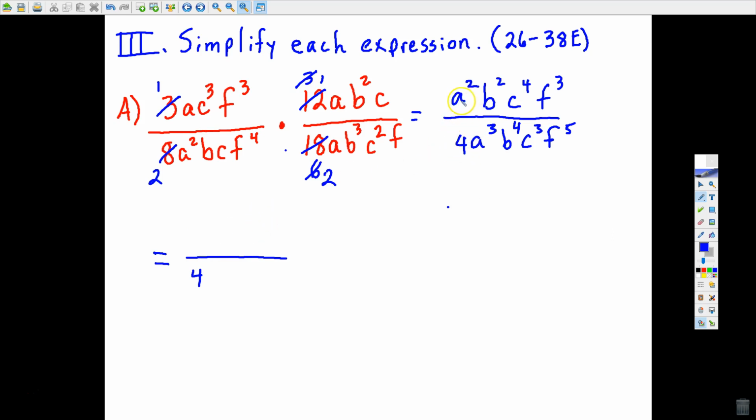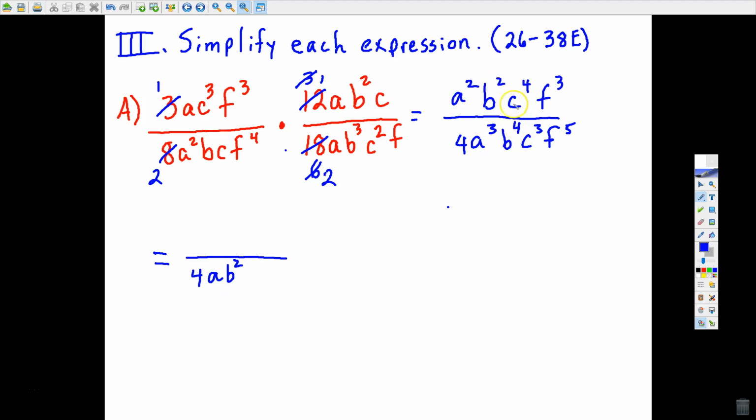Let me see if this makes sense to you. A squared divided by a cubed means a to the first in the denominator. B to the second divided by b to the fourth makes b to the second in the denominator. Notice how 4 is bigger than 2.